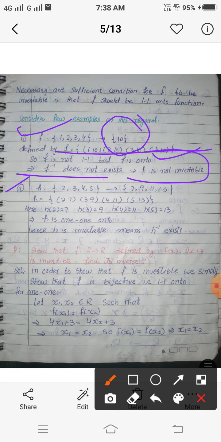Now the second one: we have a function h from {2, 3, 4, 5} to {7, 9, 11, 13}, defined in tabular form as (2,7), (3,9), (4,11) and (5,13).